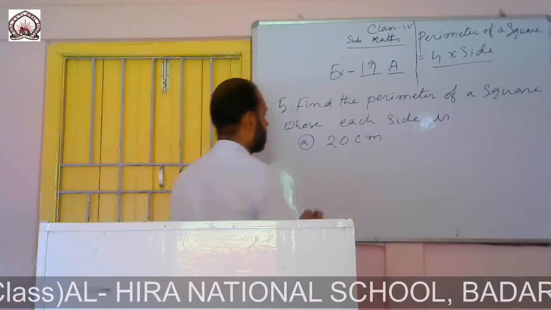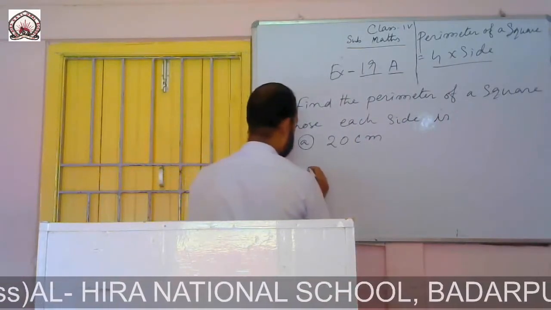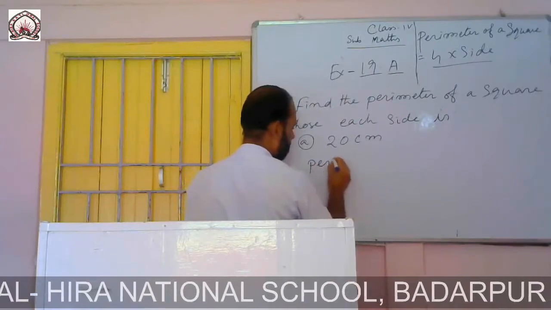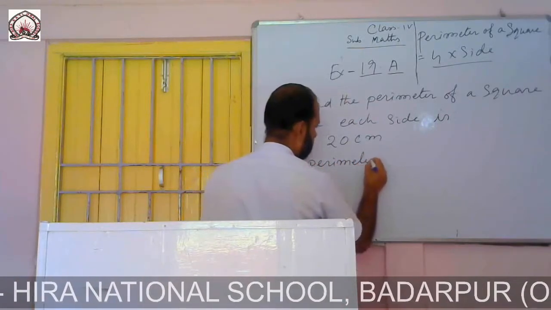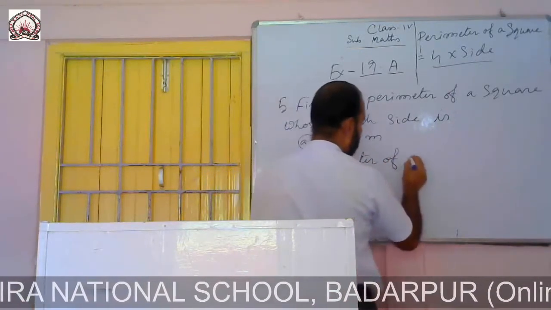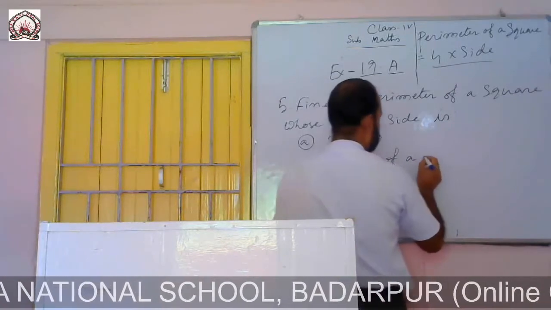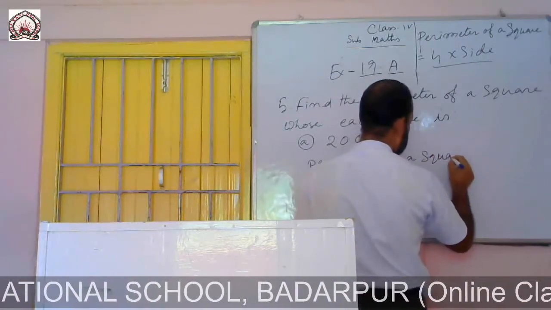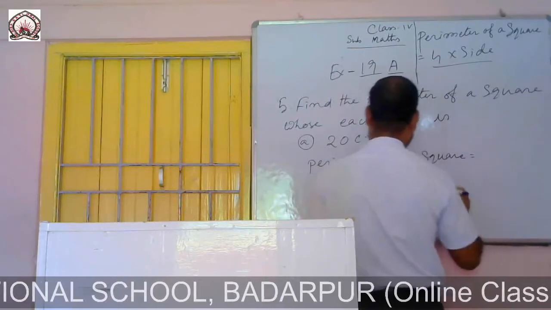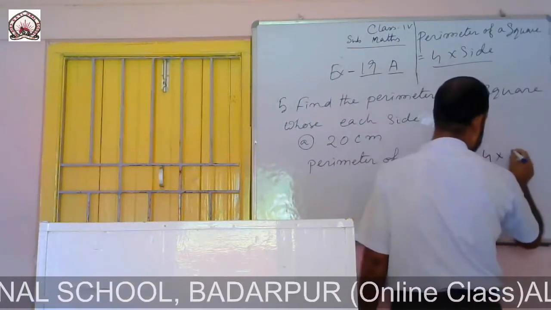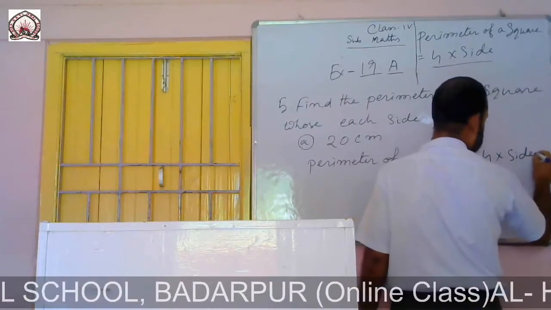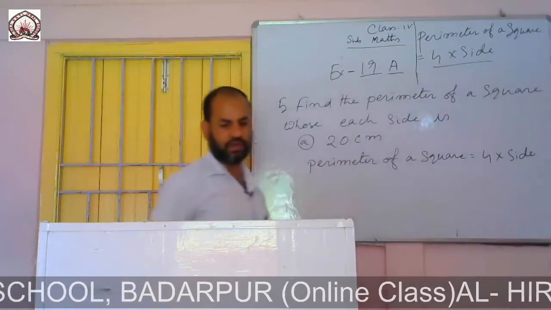So here we write the formula: perimeter of a square equals 4 into side.